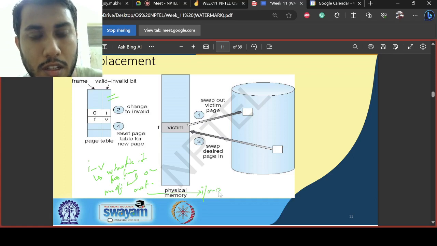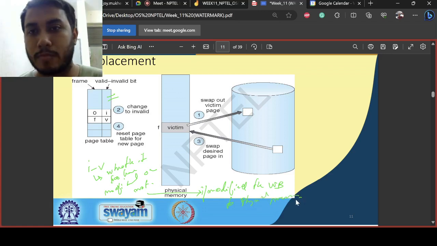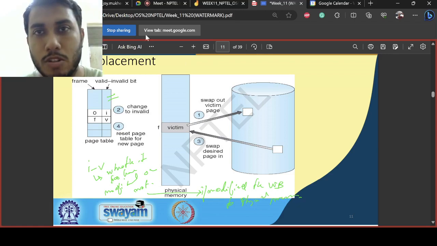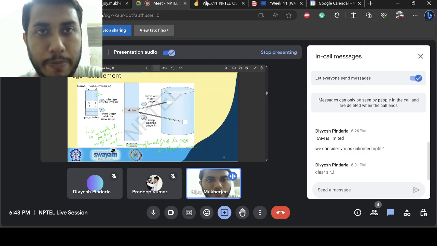If modified, then write back to physical memory, right? So that is one basic page replacement algorithm.